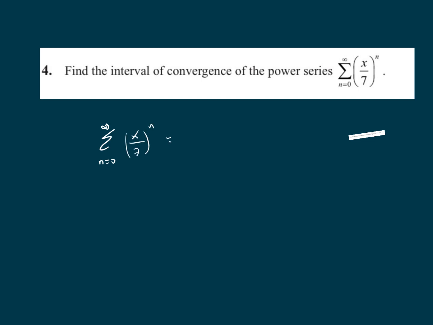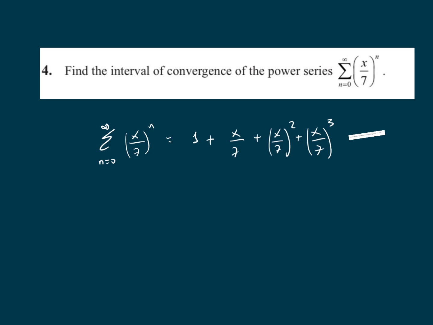When n equals 0, x to the 0 is 1, 7 to the 0 is 1, so it's 1 plus x divided by 7 plus x squared divided by 7 squared plus x cubed divided by 7 cubed, and keep going and never end.